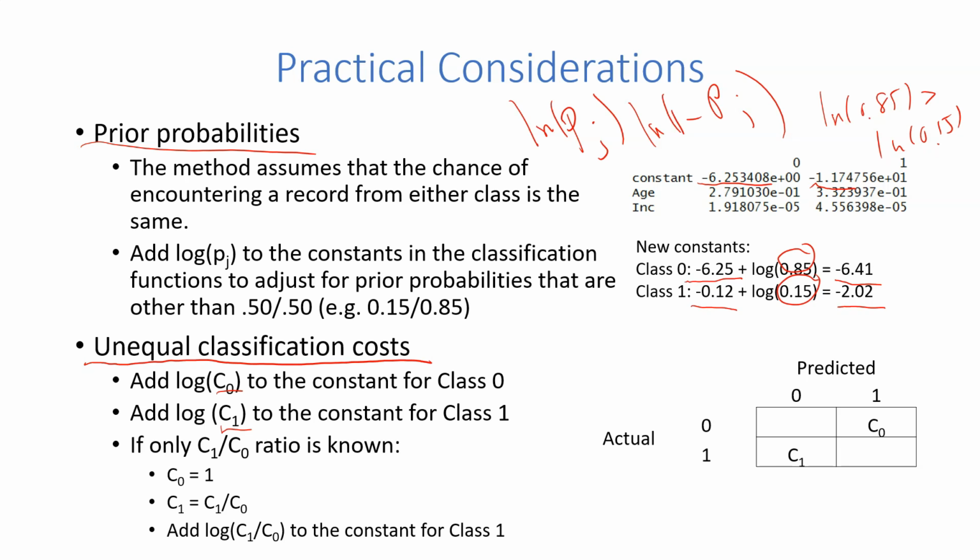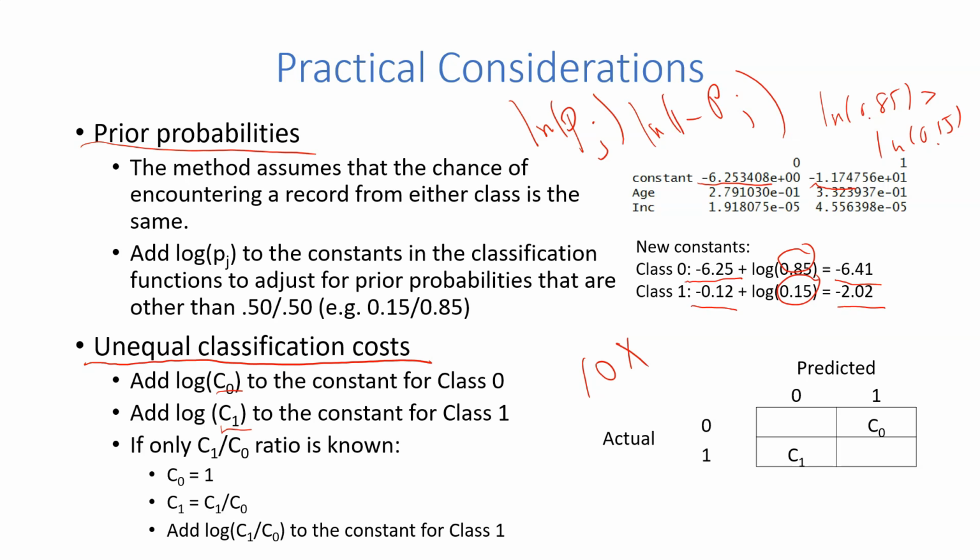In many situations, it is very difficult to estimate the misclassification costs accurately. But it may be easier to estimate the ratio of the misclassification costs between classes. For example, we may say that misclassifying a class 1 case as a class 0 case would cost 10 times as much as the other way around.